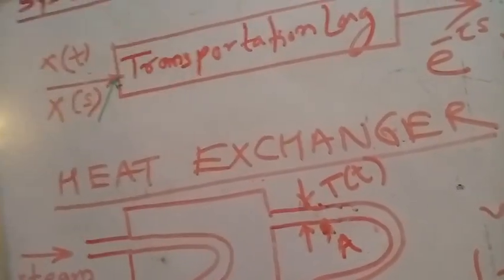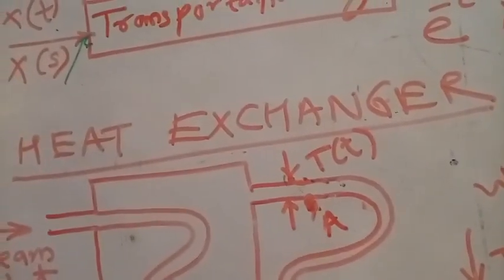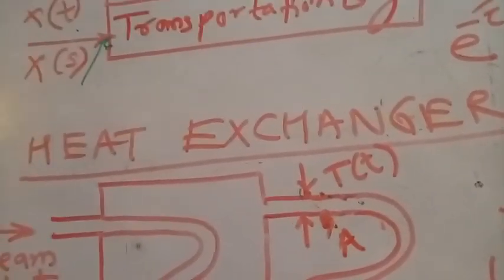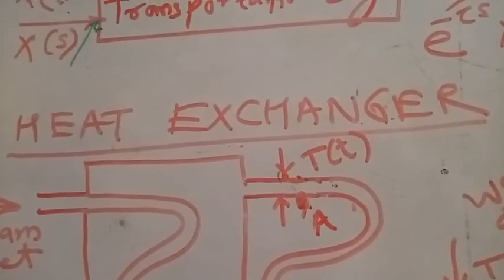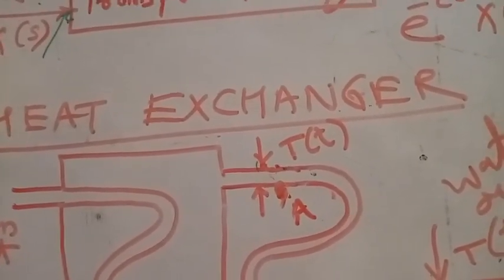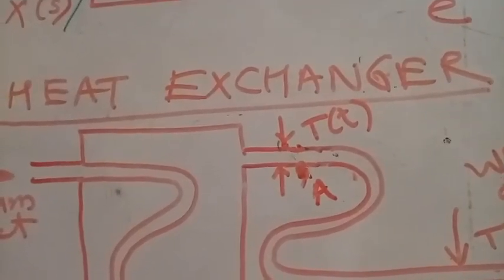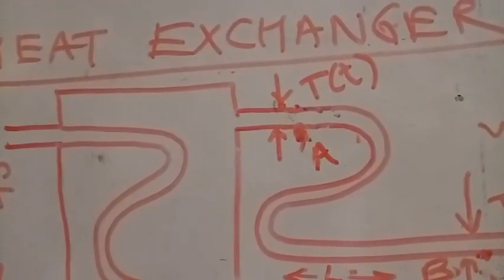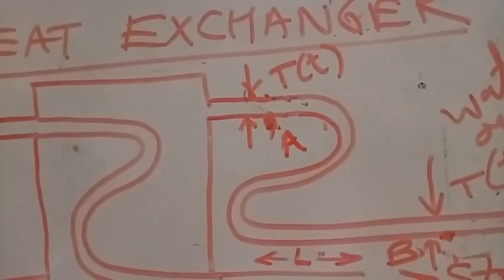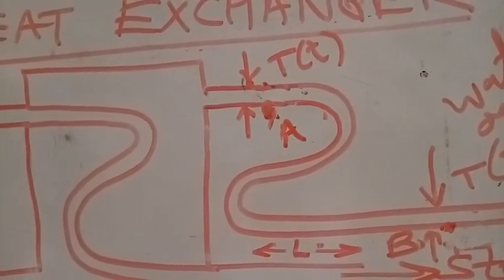The time between when an input signal is applied to a system and the time the system reacts to that input signal is often called the dead time.